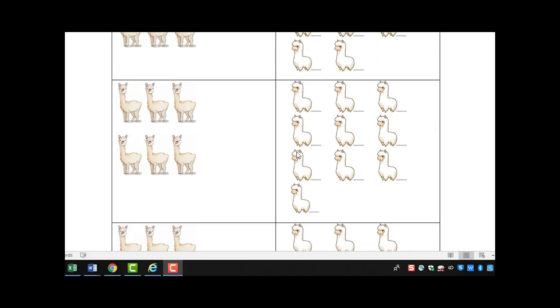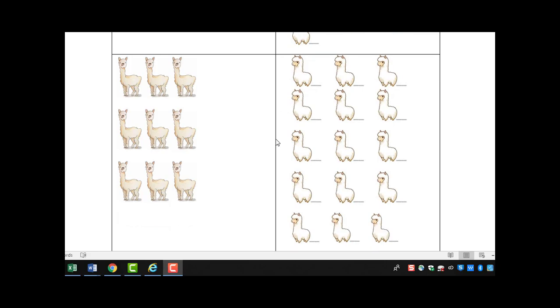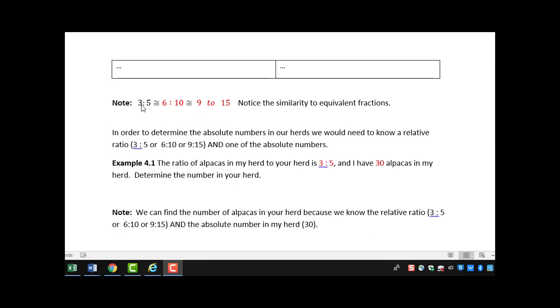So those are all the same ratios, just looking at it a little differently because they're all equivalent. They're all equivalent fractions, and that's basically what it comes down to. Note, 3 to 5 is equivalent to 6 to 10 is equivalent to 9 to 15. Notice the similarity to equivalent fractions.